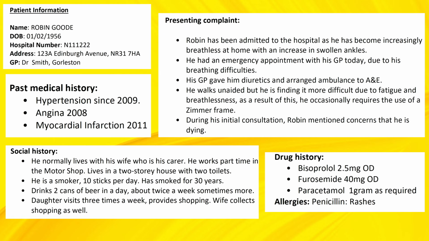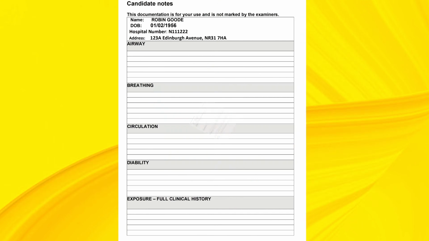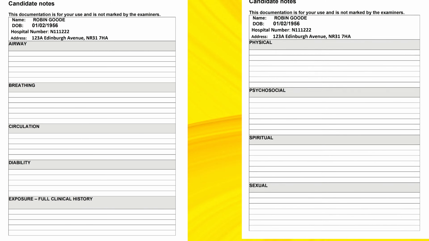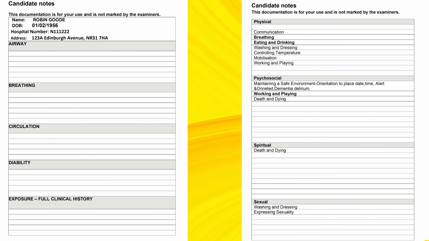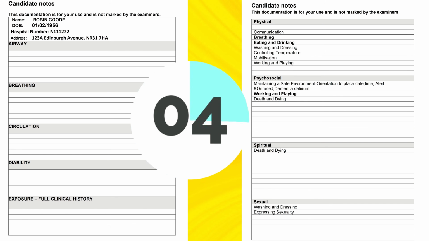Take your time to read the scenario. However, you have to take note, you will only be given 20 minutes. Okay, reading the scenario is included in that. These documents will be given to you for your use only. It is not marked by the examiners. You may or may not write on it.